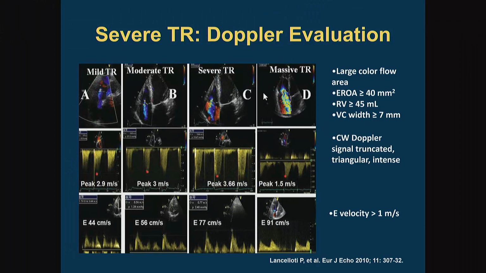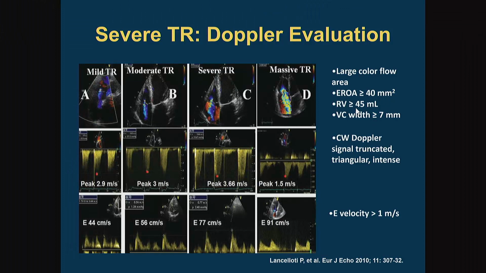On the color flow images, you see that patients with severe tricuspid regurgitation have a large color flow area during systole. Using PISA methods, we can define an effective regurgitant orifice area, and a value greater than 40 is considered consistent with severe TR.